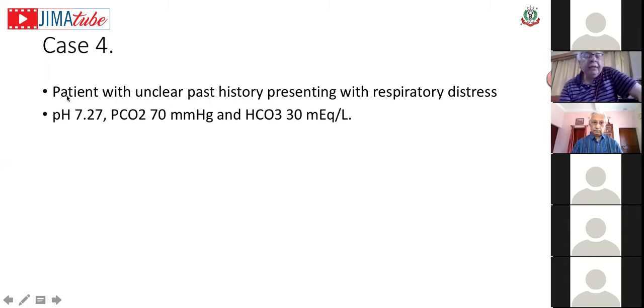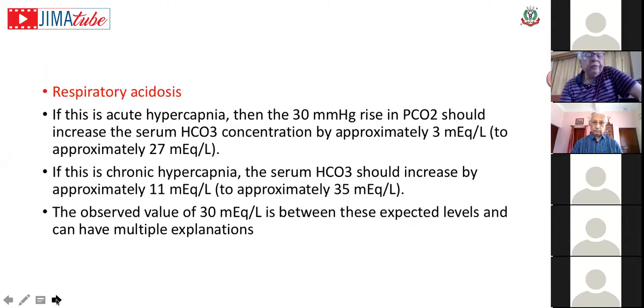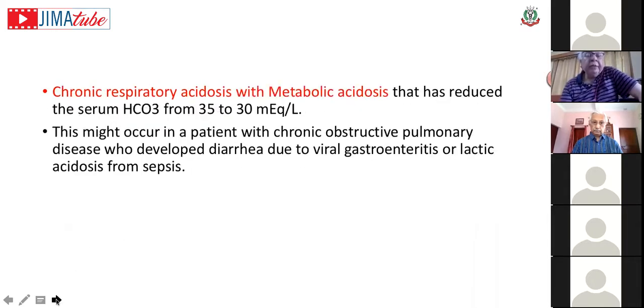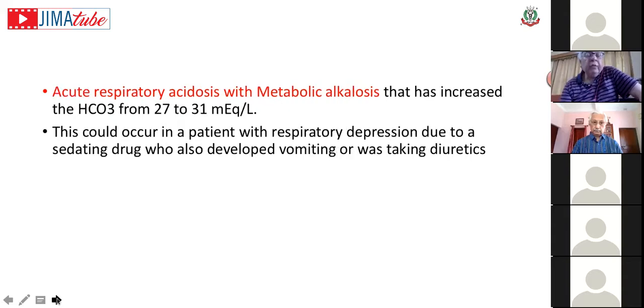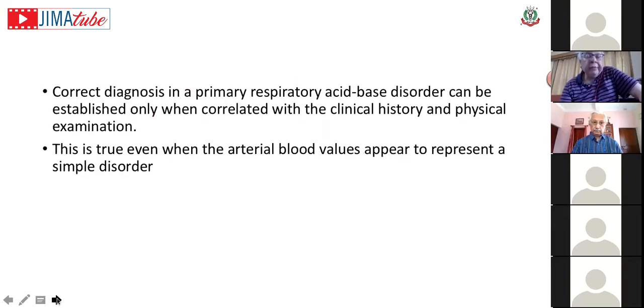Given the formula, yes, everybody would have respiratory acidosis, but this second component can only be explained by looking at the patient, and you would be able to justify your explanation given the patient's background. So again, the main theme is to look at the patient and then decide what could be your explanation. Correct diagnosis comes only from history and physical examination, not just from the blood gas.